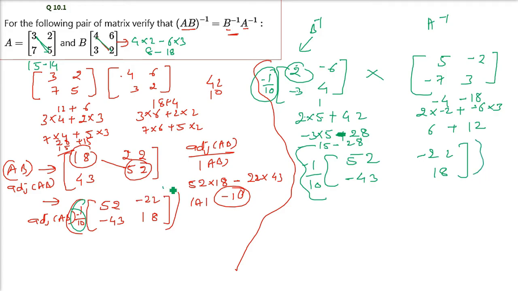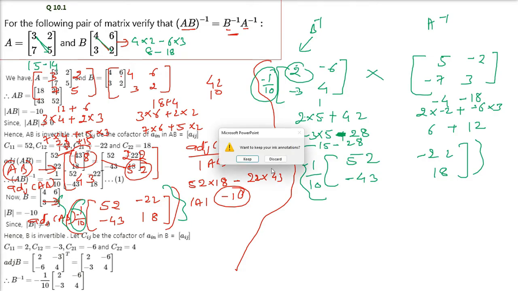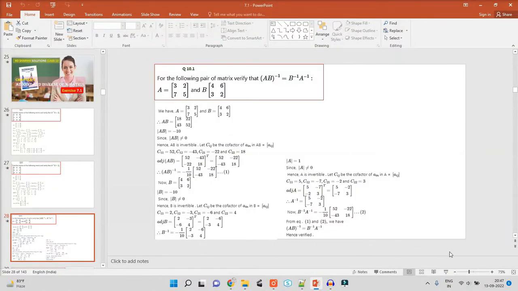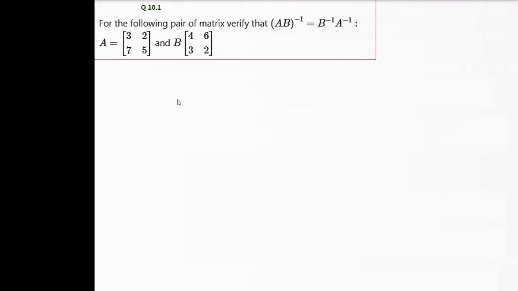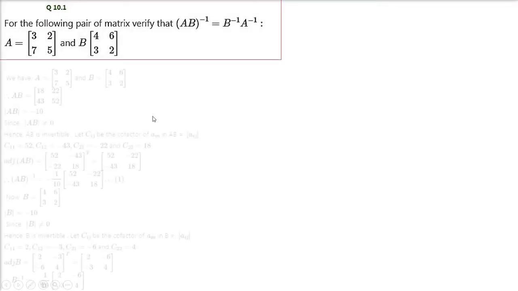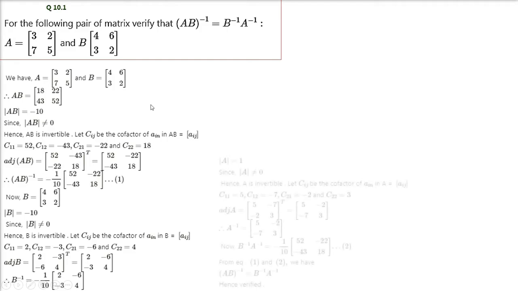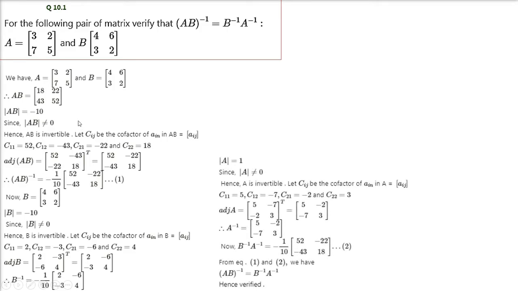If you see, these two are exactly similar, so the equality is verified. So I'm just cleaning it and I'm going to show you the proper result. If you're doing it in your exam or in your classwork, you have to do exactly like this. Means you have to write everything, like we have AB is invertible.